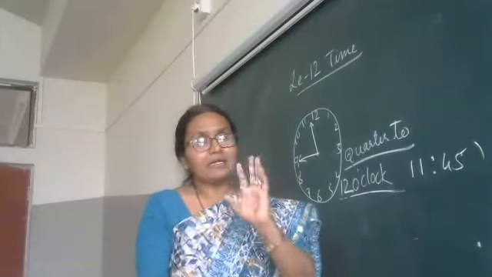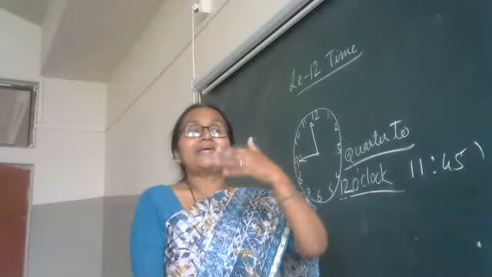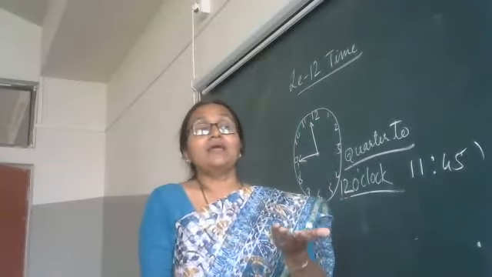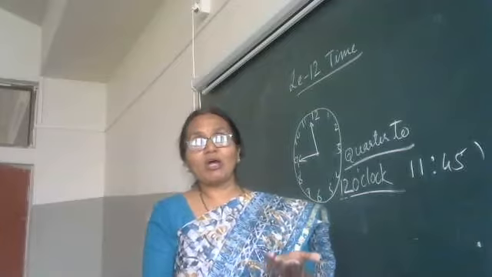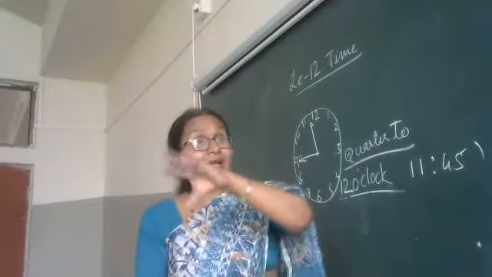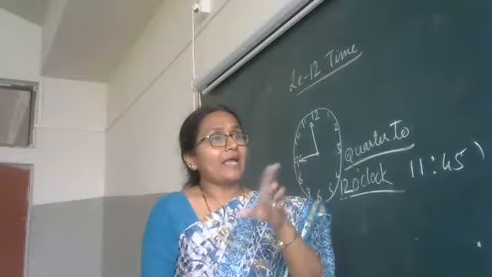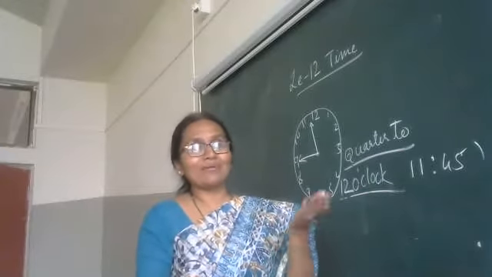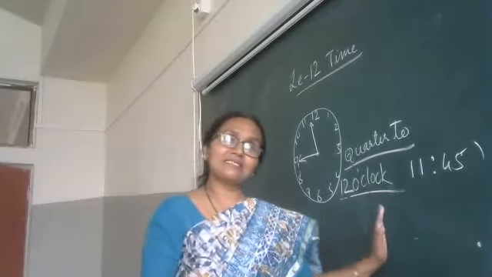When you go to the next class, you will learn the latitudes and longitudes in SST and science. At that time you can relate it to this mathematics, AM and PM. Now it is not necessary for you.